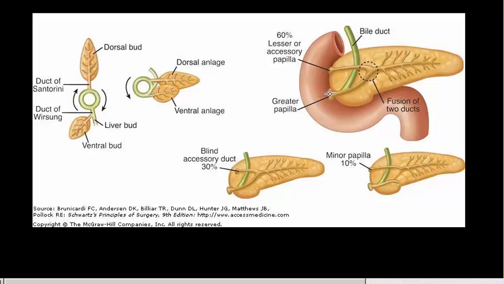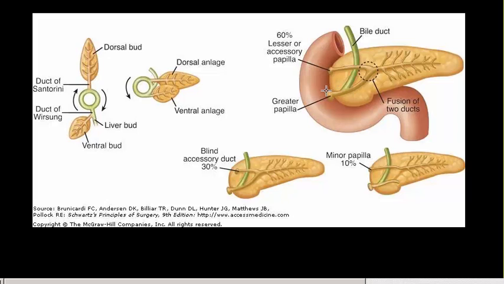Again, we may have a variability of bile duct drainage. Some of the bile ducts will open into the duct of Wirsung.